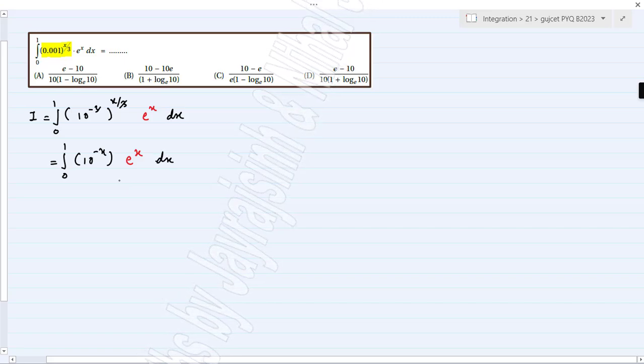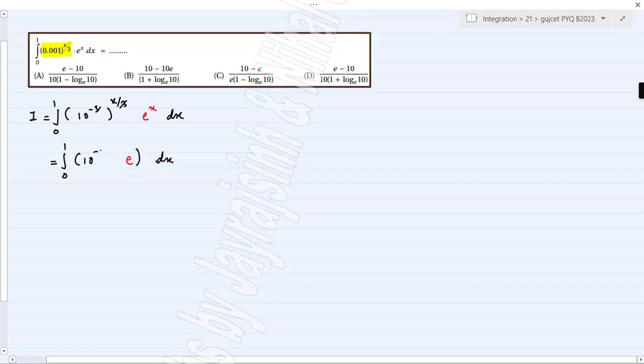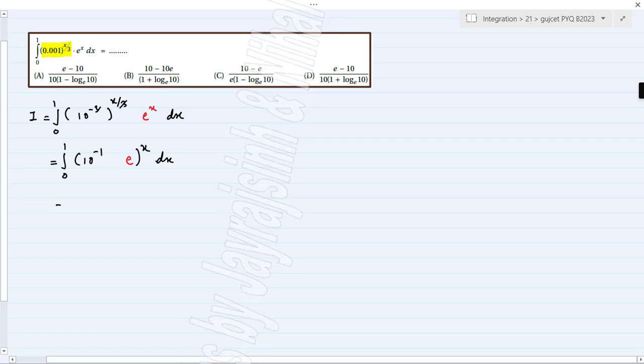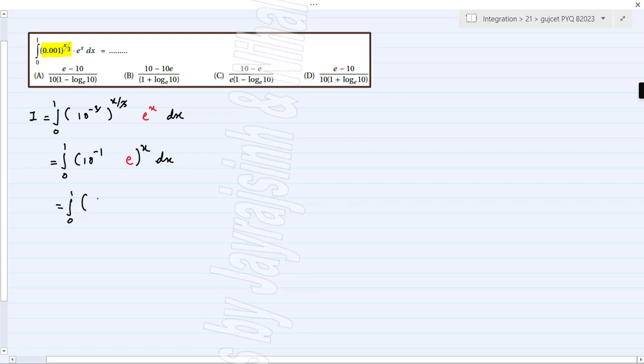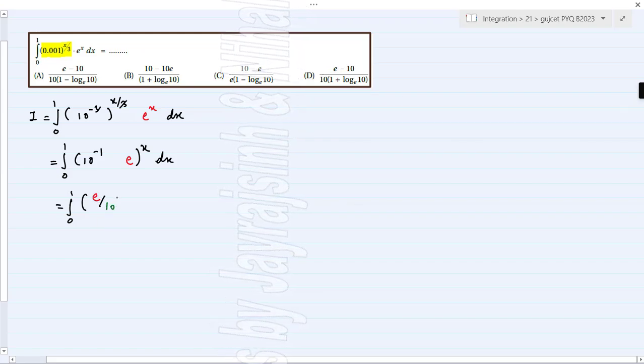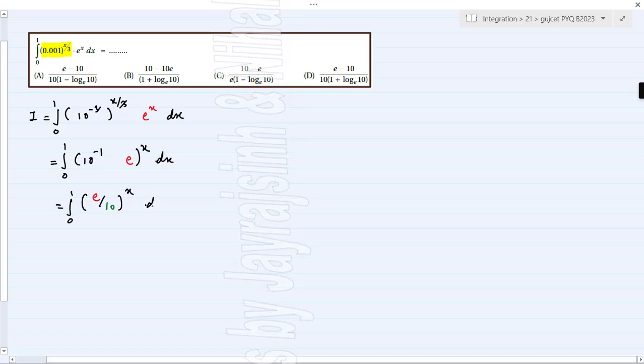So if we combine these two terms, we will get 10 raised to minus 1 e, whole raised to x. Why did we do this? So that the constant terms combine. Here we will get e by 10 whole raised to x.